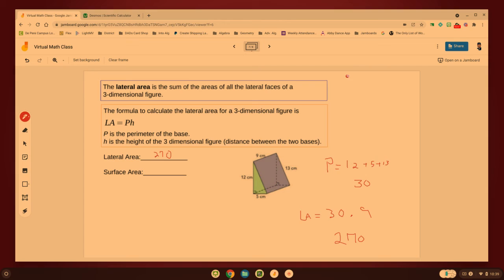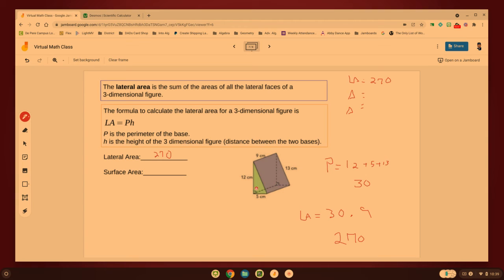So lateral area was equal to 270. We still need to do the area of the two bases. Right? So that lateral area is the space in between your two bases. We've got to find the area of each base. Well, fortunately, they're the same.